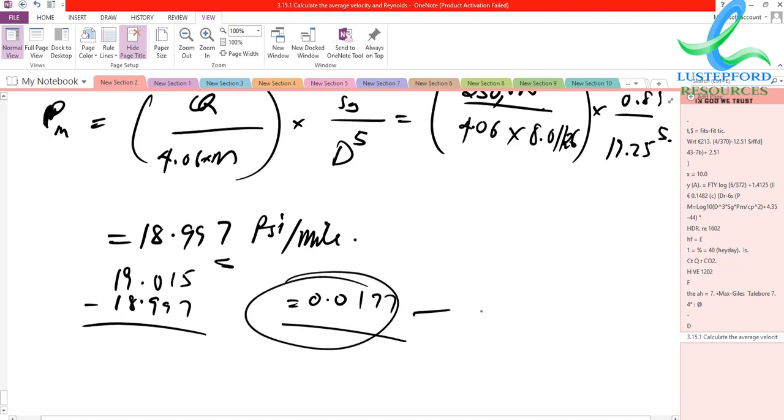We are looking for 0.1 psi per mile difference. But now we have more accurate results. So this is the final result. So we end it here.